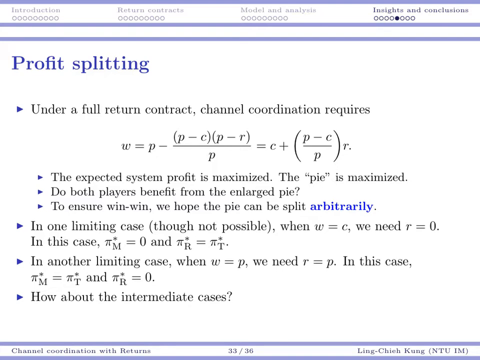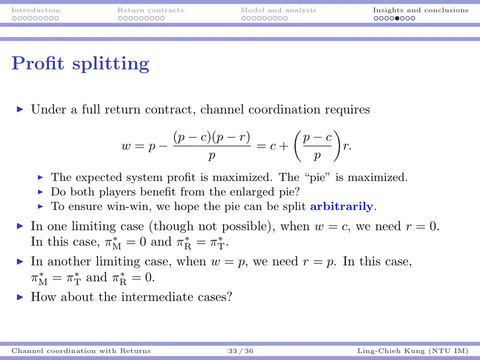Interestingly, you can see that from the system's perspective, all the pairs of W and R that satisfy this equation are the same, because the system together earns the maximum amount of money. But we also care about whether both players benefit from the maximized total profit.